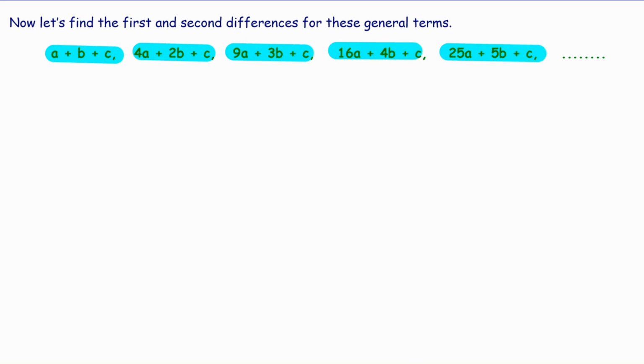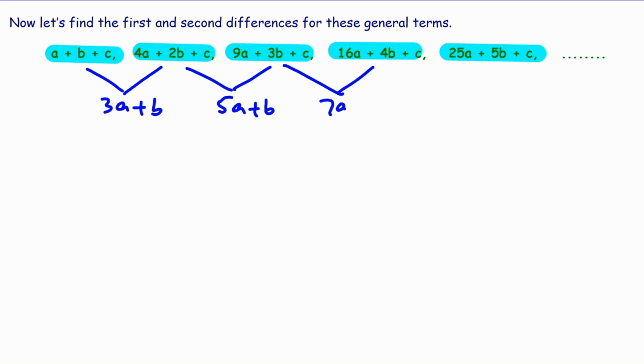Let's start by finding the first difference. The first difference here will be 3A plus B, because if you subtract A plus B plus C from 4A plus 2B plus C, you'll have 3A plus B. Here it will be 5A plus B. Here we have 7A plus B. Here we have 9A plus B. And then the next row, the second differences, will just be 2A.